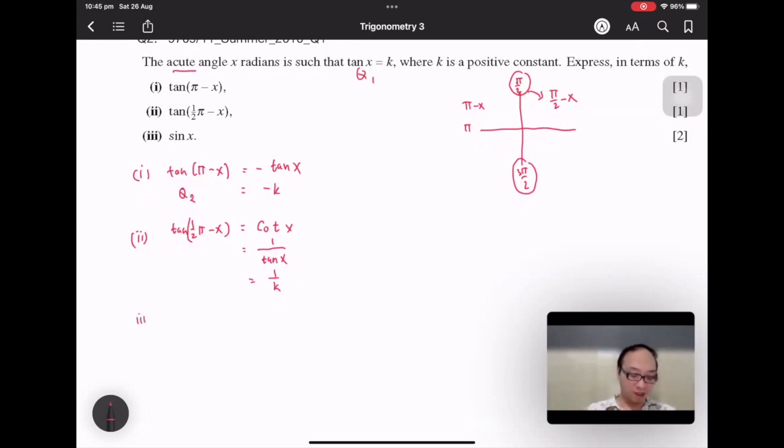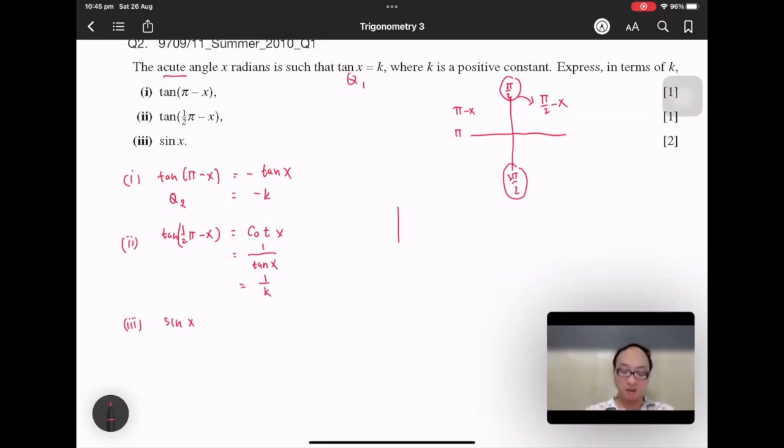The third one, sine x. So to find the relationship between sine, cosine and tangent, we have to draw the right angle triangle. So this is x. We know that tangent x is equal to k over 1. So this is the opposite and this is the adjacent.